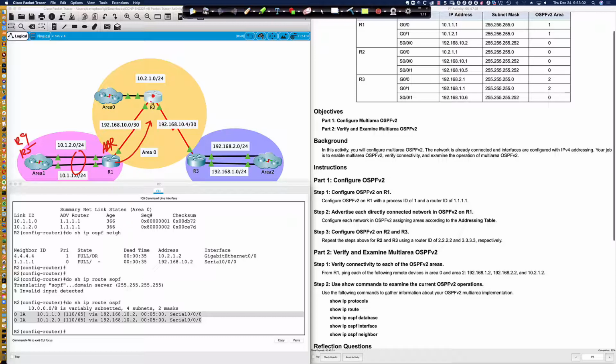Because router 2 has no map of what's going on over here. All router 2 knows about area 1 is, hey, I've just received from this router 1 is telling me that if I need to get to the 10.1.1.0 or the 10.1.2.0, that I need to come to router 1 to get there. That is distance vector behavior. Plain and simple, distance vector behavior.